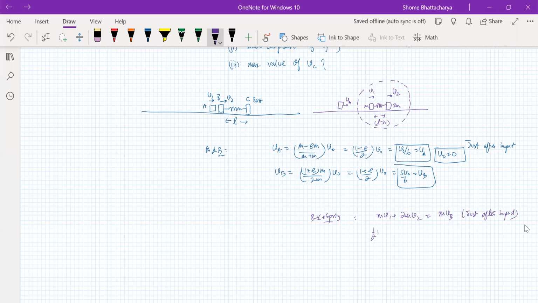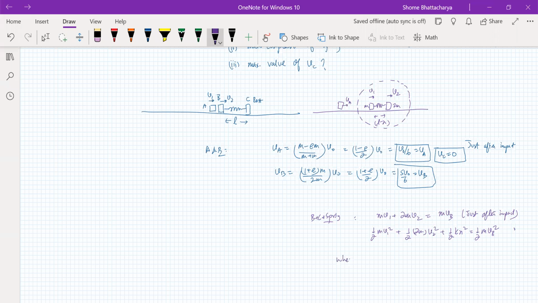And we have the total energy of the system is just the kinetic energy of B just after impact. Okay, so these are our two general equations.